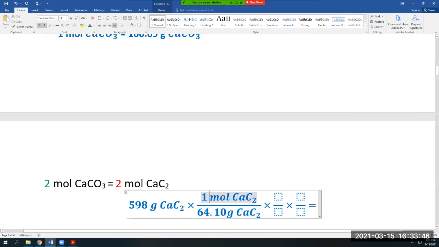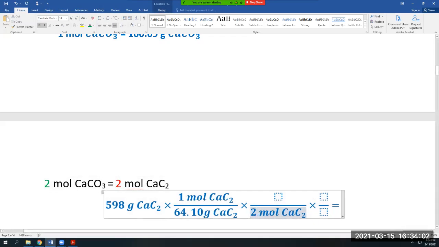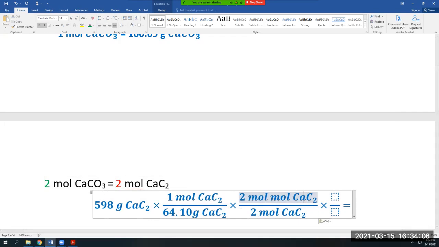In the next step, we want to cancel the moles of calcium carbide as a unit. So the next step should have the moles of calcium carbide in the denominator. And we are using this equality here. And it's 2 moles of calcium carbide produced from 2 moles of calcium carbonate.